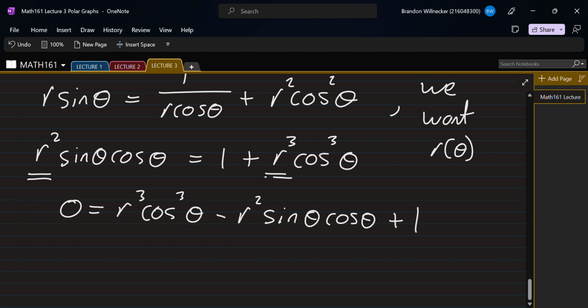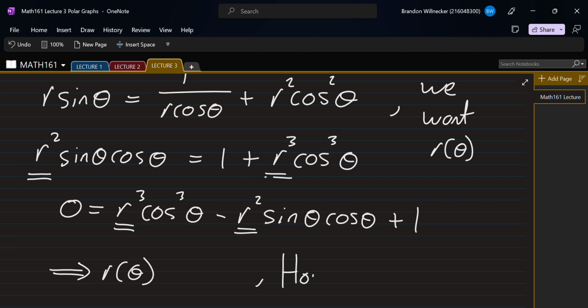Okay, so we've got something like this. Once it's in this form, we just need to figure out a way of solving for r. Here it's a bit more complicated because it's r cubed and r squared. But once you solve for r, we can end up with something like r of theta. Okay, so this is a little bit complicated to do, but not so bad.